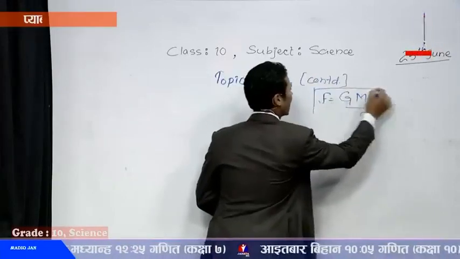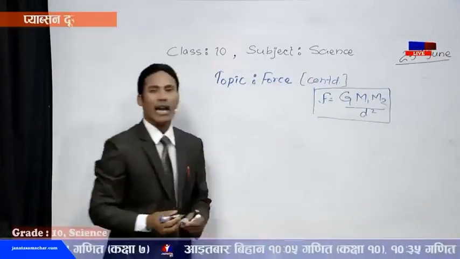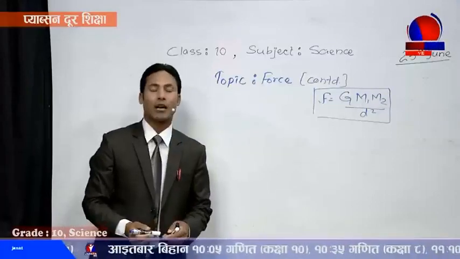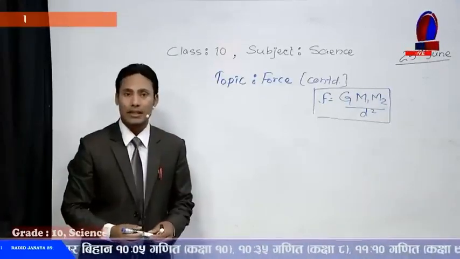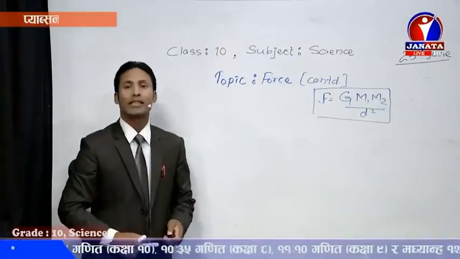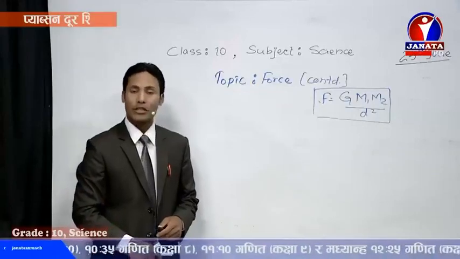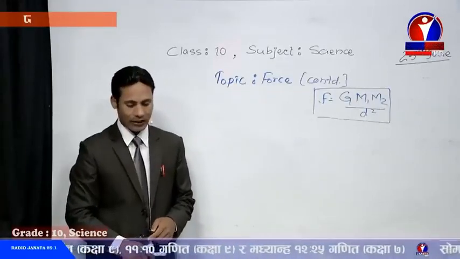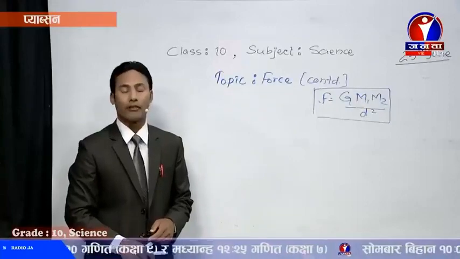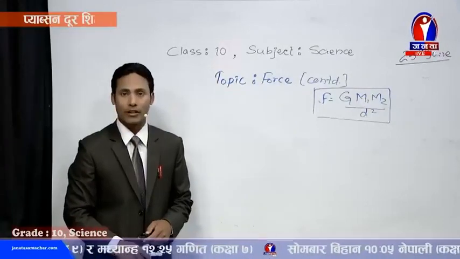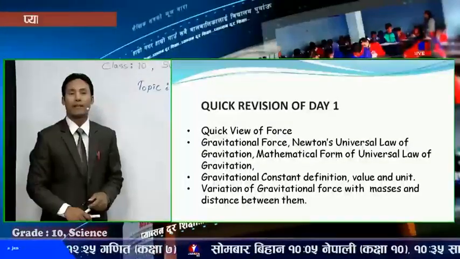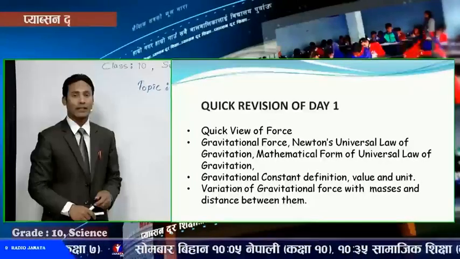We also discussed the gravitational constant, capital G, its unit and its value. And similarly we discussed the variation of gravitational force with the product of mass and the distance in the first class.